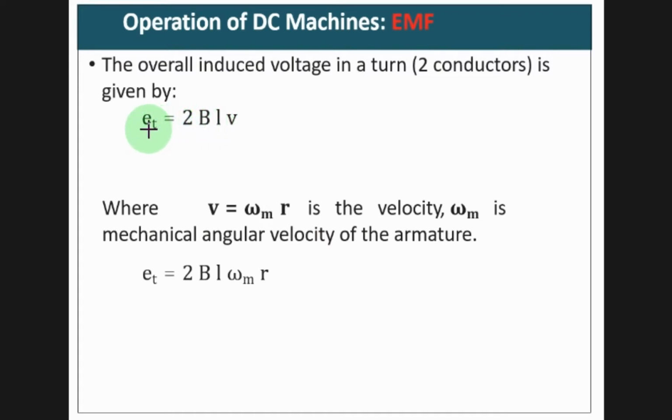Therefore, for a single coil, the generated EMF will be 2 times BLV, where V is equal to omega R if it is rotating at angular velocity omega. So you can apply 2BL omega R, and this is only for one turn, but if there are so many turns, you have to multiply it by the number of turns as well, right?